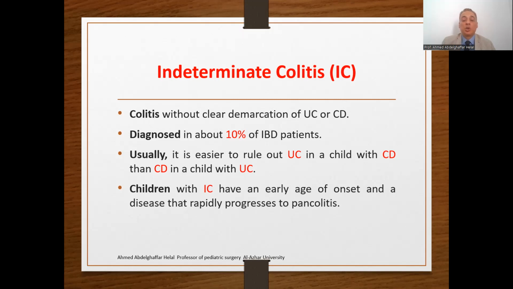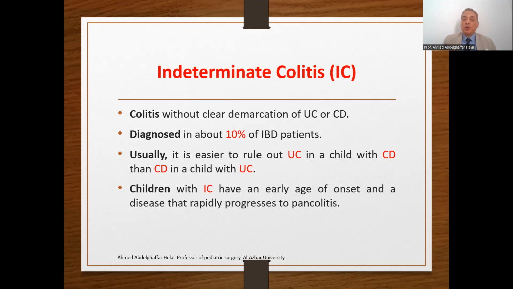Usually it's easier to rule out ulcerative colitis in a child with Crohn's than Crohn's in a child with ulcerative colitis, as Crohn's disease may show skip lesions, may be extensive, and may include the small or the large bowel. However, ulcerative colitis usually involves the rectum and the colon.